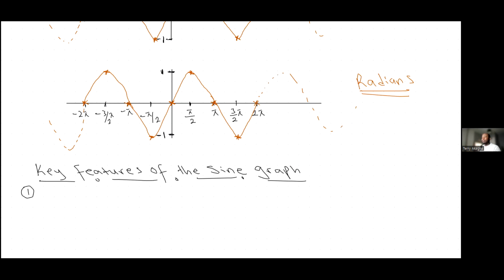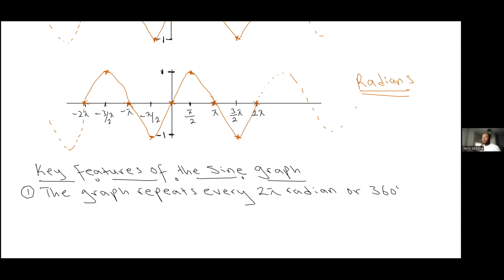So the graph repeats every 2 pi radian or 360 degrees.